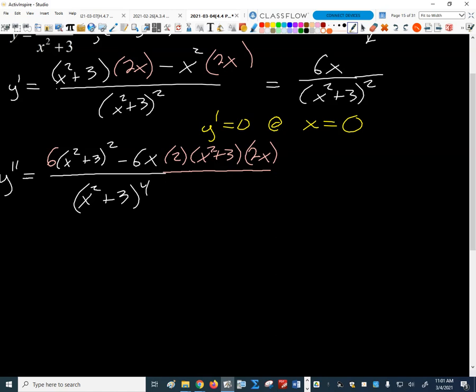Let me ask you this. When all the mathematical dust settles here, we're trying to use our second derivative, we're going to try to find zeros of that second derivative, aren't we? So to find zeros, what form do we want the top and the bottom of this rational function to be in?